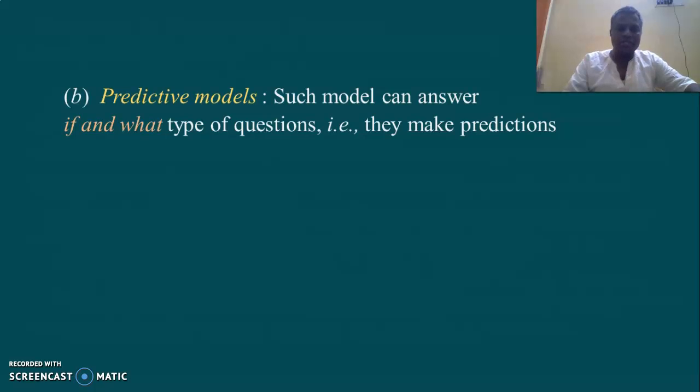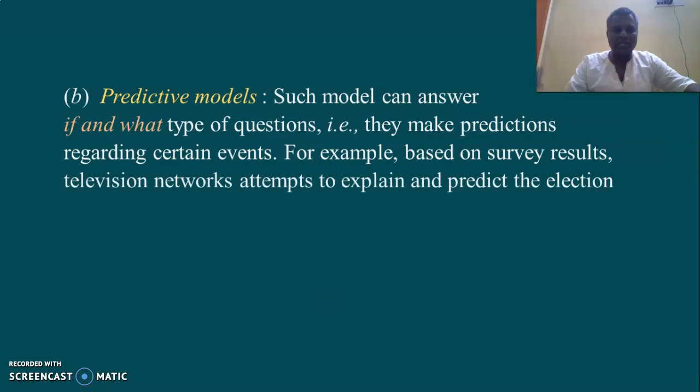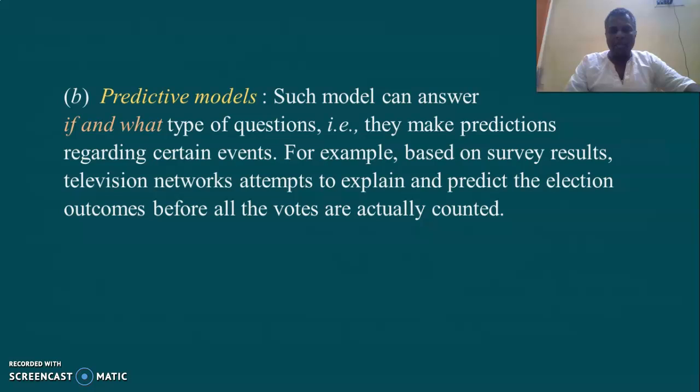Predictive models. Such models can answer if and what type of questions. That is, they make predictions regarding certain events. For example, based on survey results, television networks attempt to explain and predict the election outcomes before all the votes are actually counted.